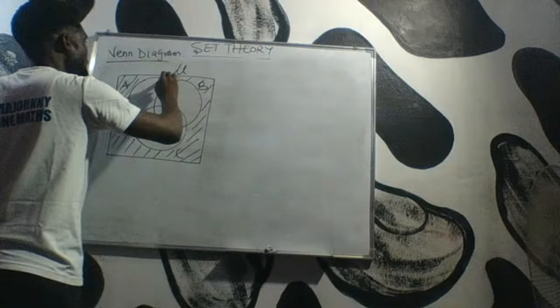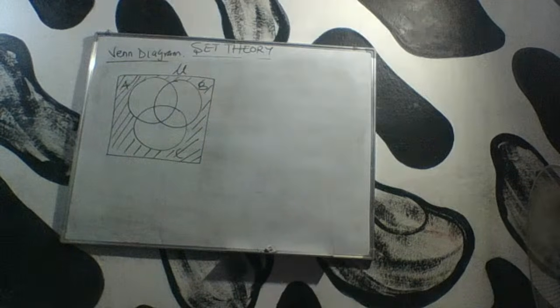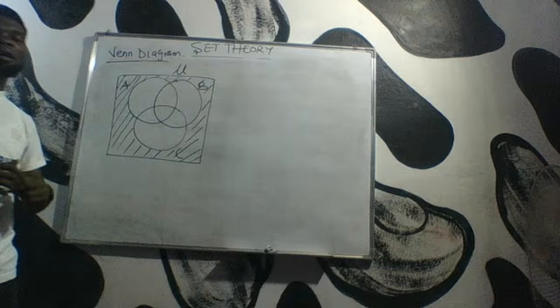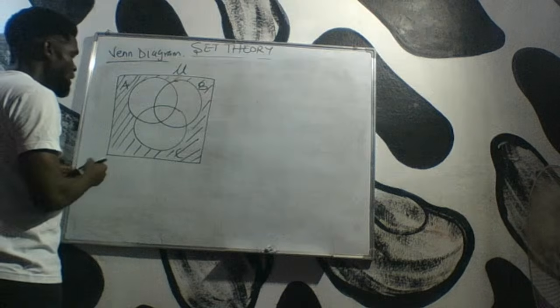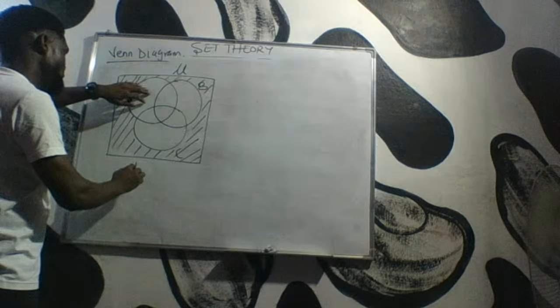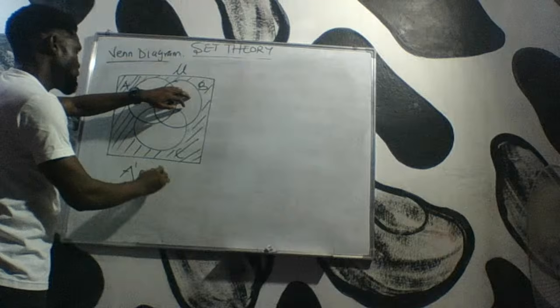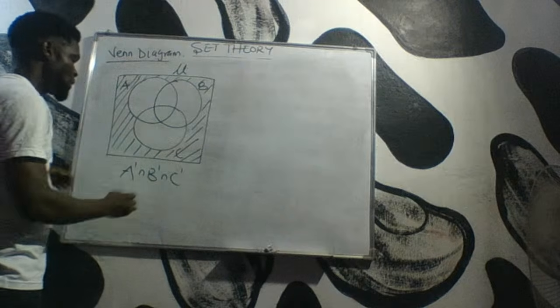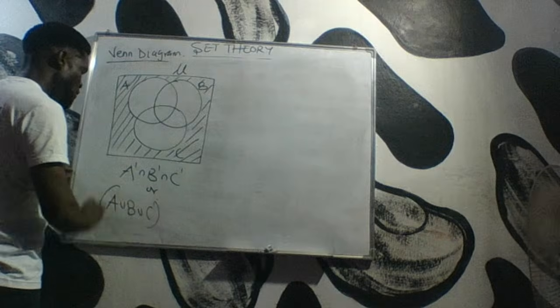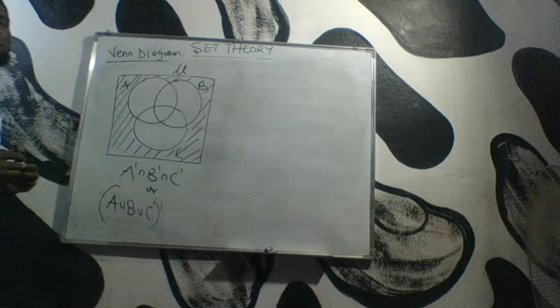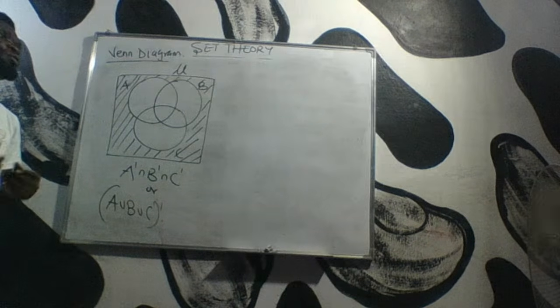This means the elements are in the universal set, but there is no element in set A, no element in set B, and no element in set C. So if I want to represent this, that will be A complement intersection B complement intersection C complement, or (A union B union C) prime, which is De Morgan's law. So this is exactly what we need to know.